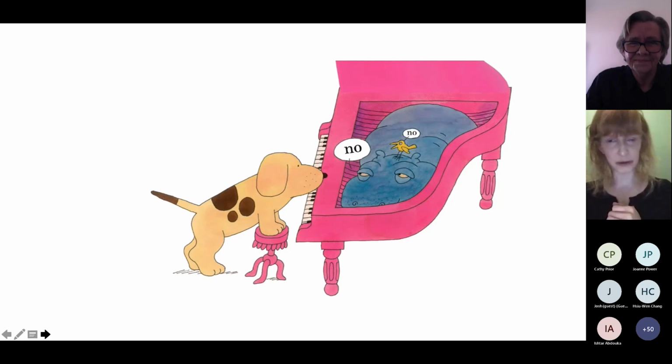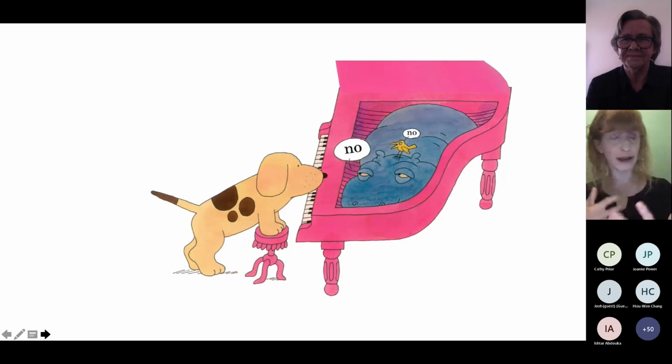And then again, something else I was thinking about in terms of pitching it for a slightly older child, we might say something like, oh, that's a very big piano if it can fit a hippopotamus inside. Or how do you think a hippopotamus got inside the piano?